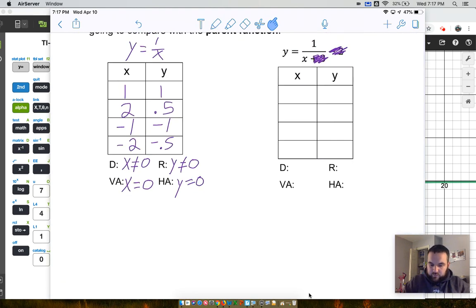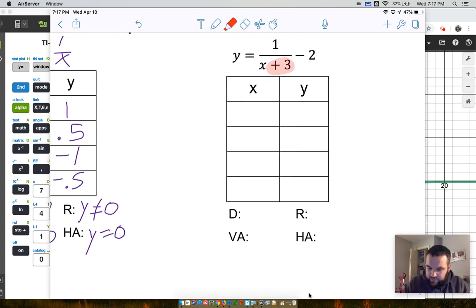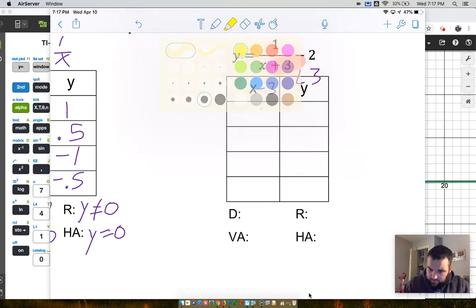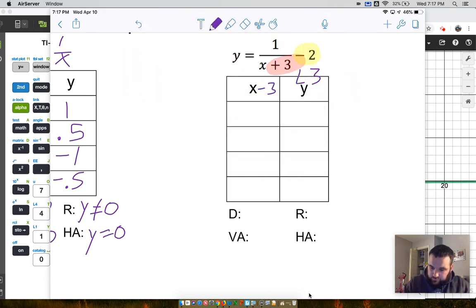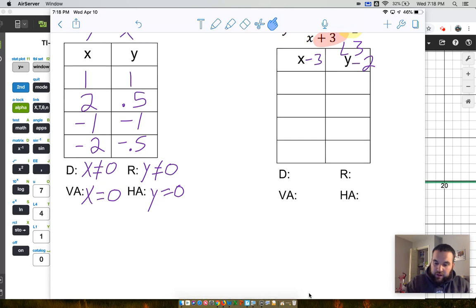Okay. So now if we look here, I have that +3 is going to move to the left 3 units, which means for the x values, I'm going to take away 3. And for the -2, that's going to go down 2, which means the y coordinates will subtract 2. Okay, so I can go ahead and take away 3 from all these x values.